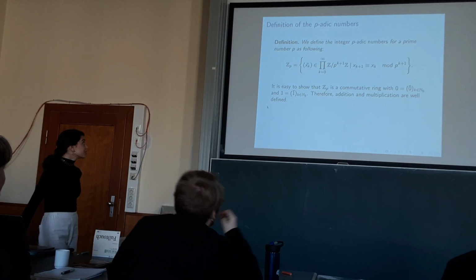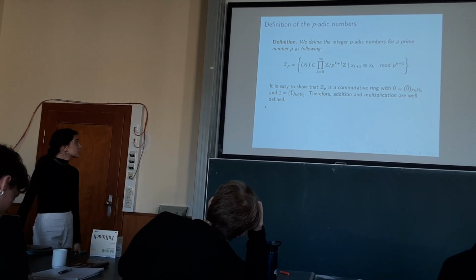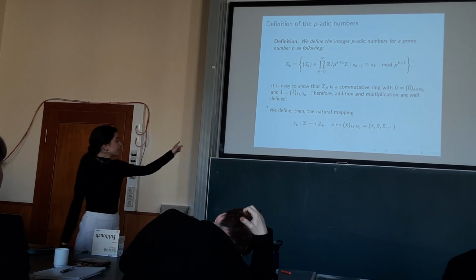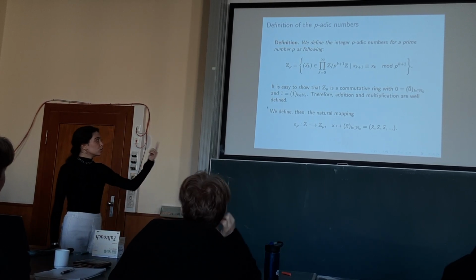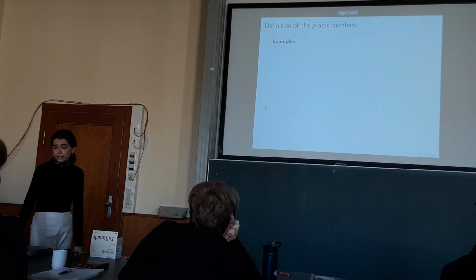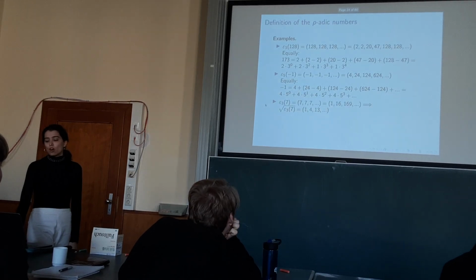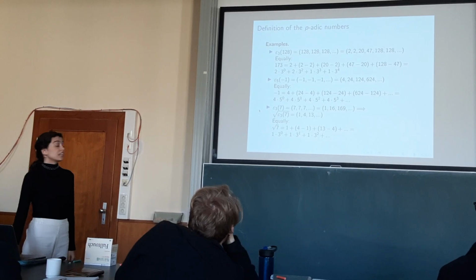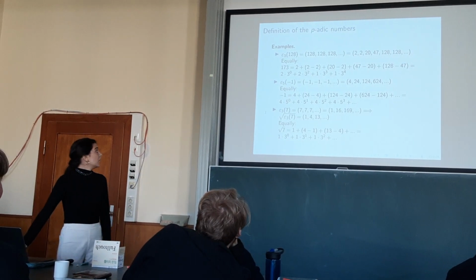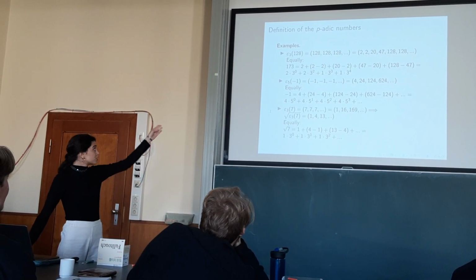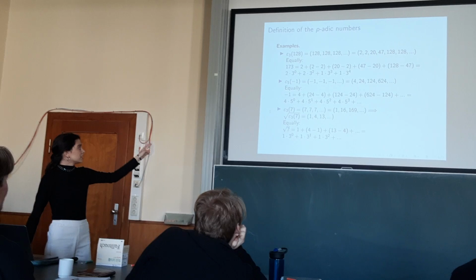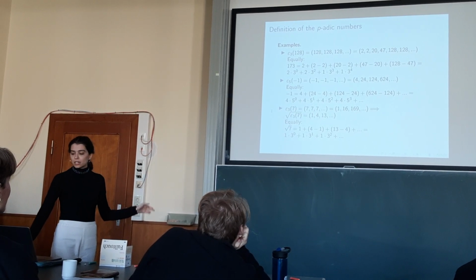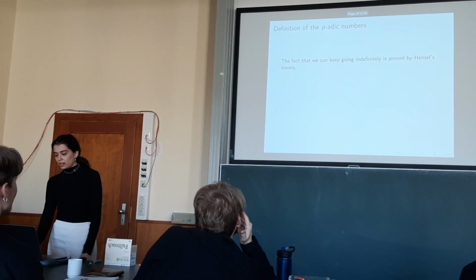This ring is commutative, addition and multiplication are well defined, and then we define the natural mapping from Z to Zp. Here there are some examples of how we can represent a natural number, an integer and an irrational number as p-adic numbers, but we are going to skip that now.